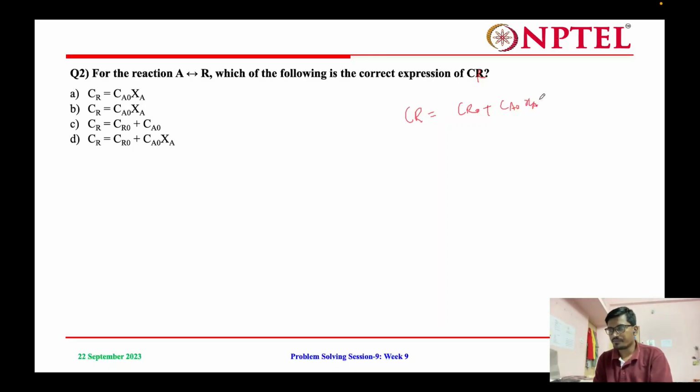Here the term CA naught XA is the amount of A converted to R, which is the amount of R formed. So take option D.